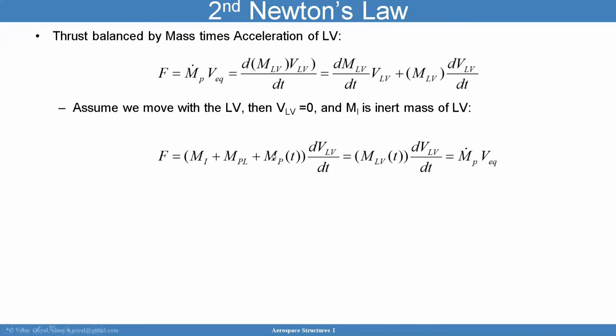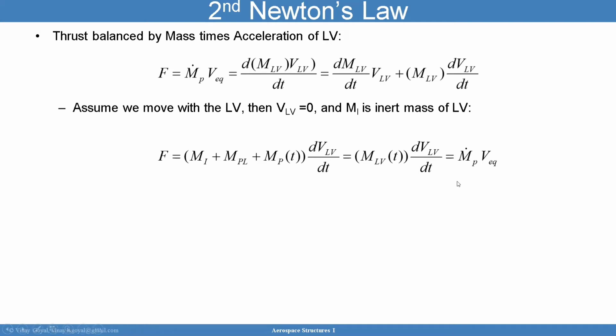So the only two things that are constant are the structural mass and the payload mass. Then you have the rate of change of the velocity of the launch vehicle, and this is equal to the mass flow rate times the equivalent velocity. So all I've done so far is look at the equations I discussed earlier, but put them in a different way.